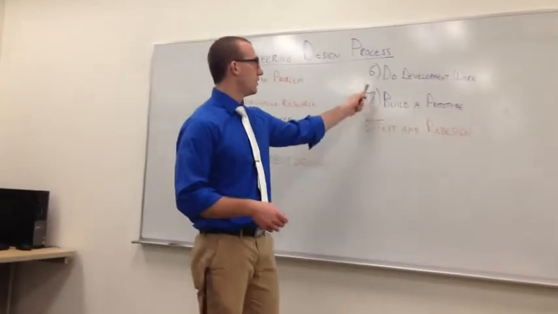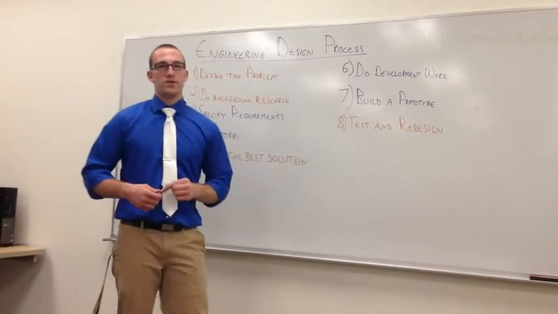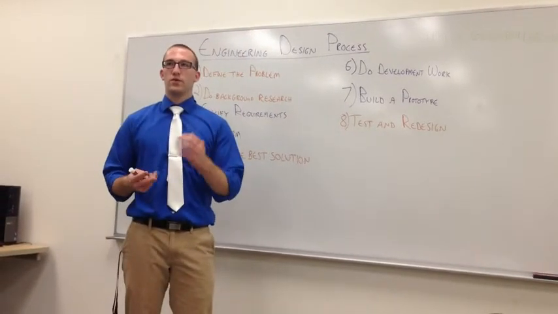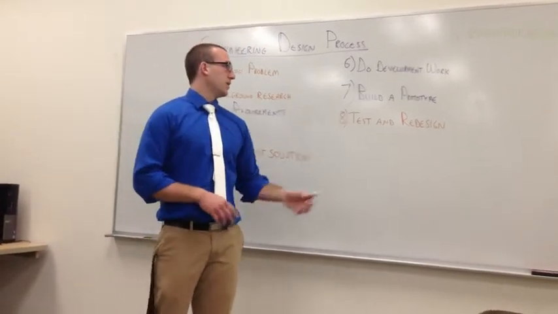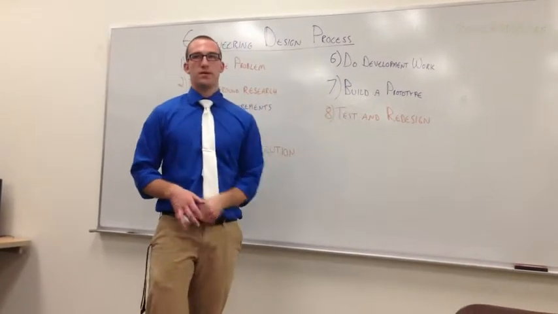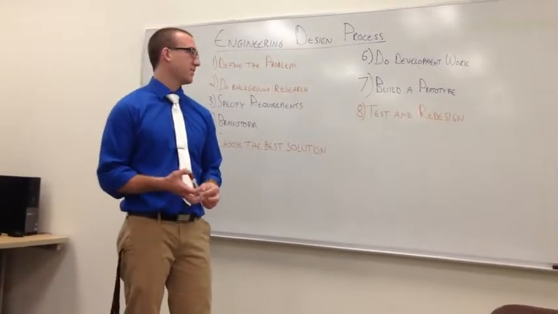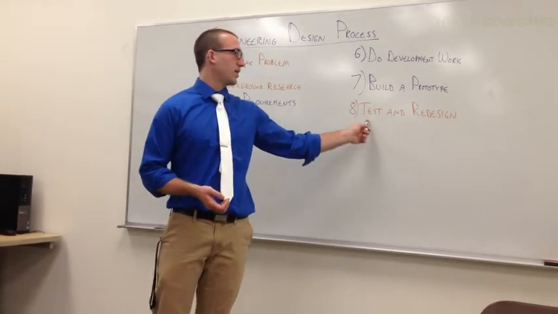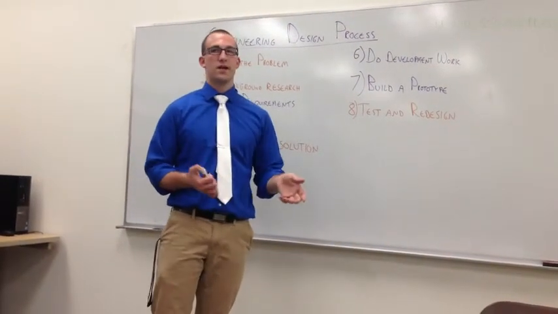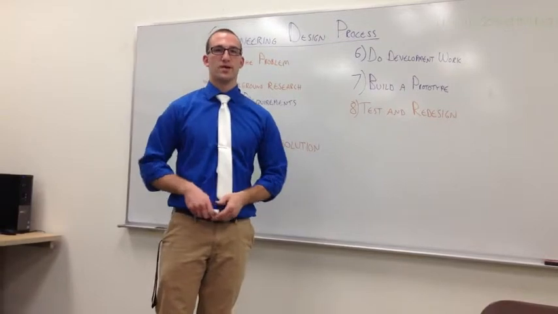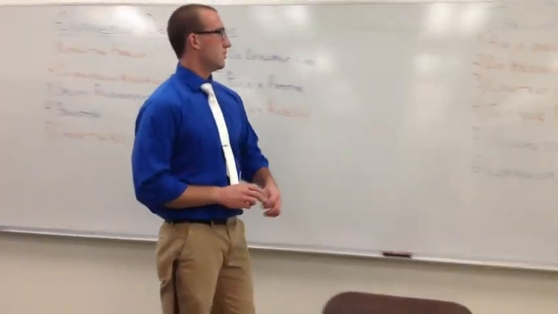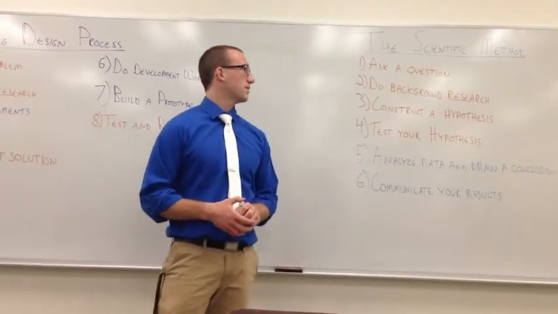And from there you will do some development work, just work with it, do your research and stuff like that. And then you'll build a prototype, which you're going to test. In your last step, you'll test that prototype and possibly redesign it to make sure it works the best for you.